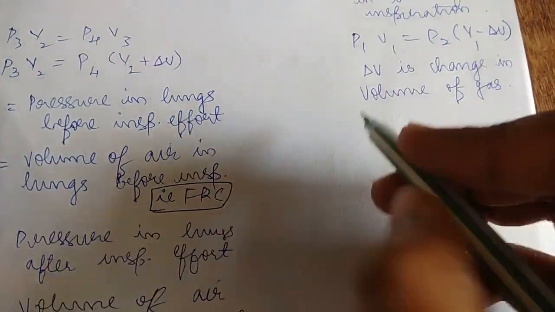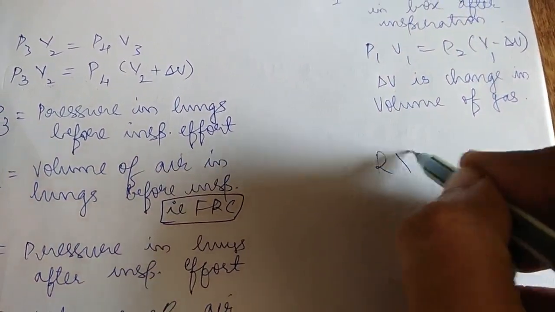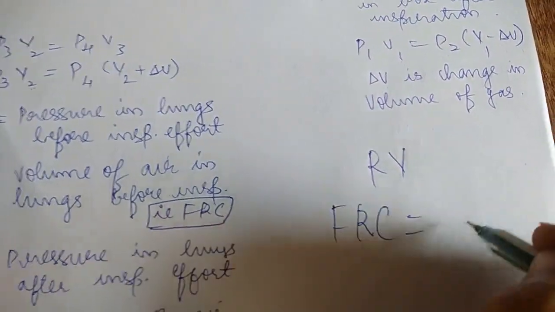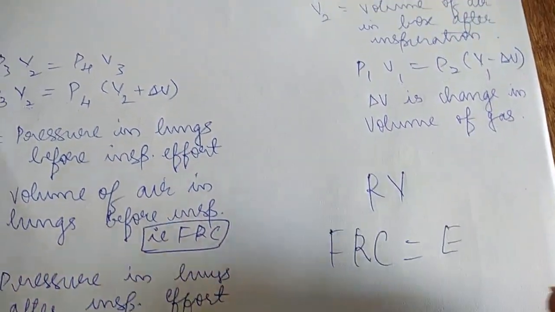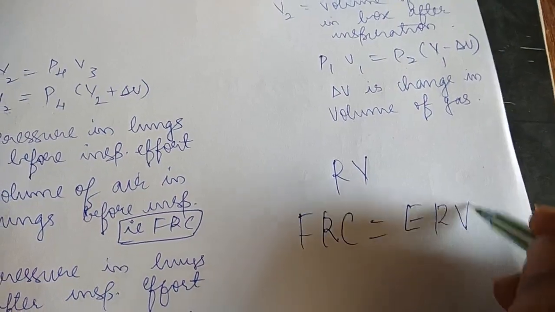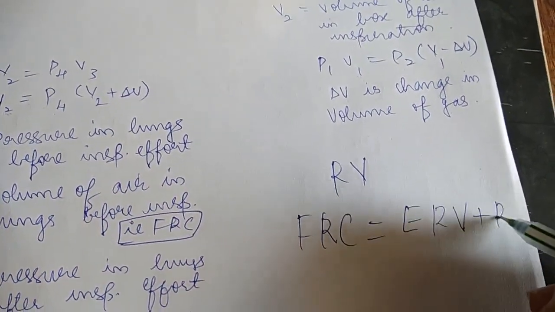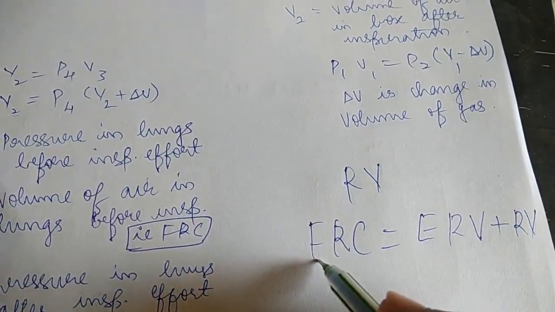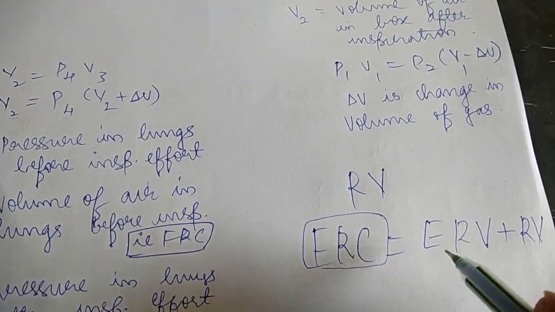For calculating the residual volume, we know that FRC is equal to expiratory reserve volume plus residual volume. So we come to know the FRC by all these three methods.